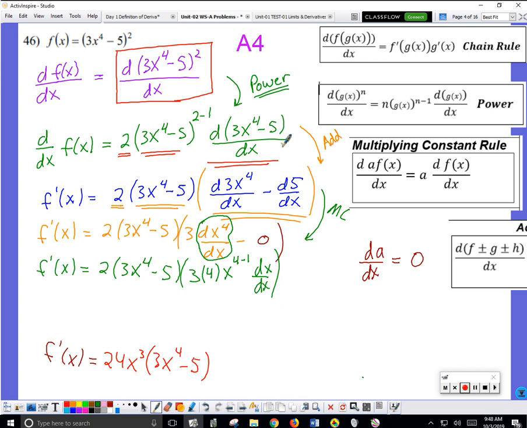So I'm still doing a problem within a problem, but it's getting smaller and smaller. Because now I'm just working on this piece and this piece. This part, that's 0, done. This piece, I use the multiplying constant rule, pull out the 3. Next line, can use the power rule. So that was from here to here. Did that answer your question? Yeah. 3 points. Anybody else?